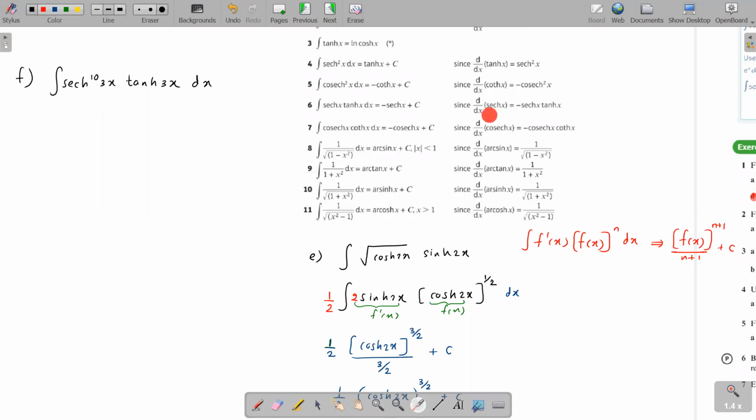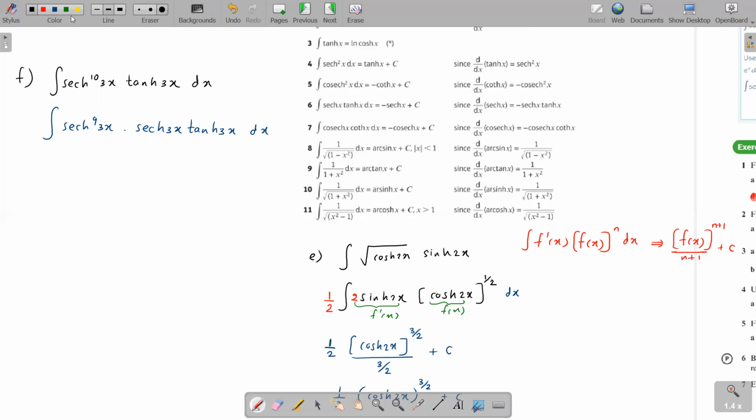What's the differentiation of sech? It's sech tanh. So there is a sech and a tanh. Having a tanh is not enough. We need another sech. Therefore, the sech to the power 10, we need to break it as sech to the power 9 3x into another sech 3x times tanh 3x. Because there's a power here, this should be our f x.